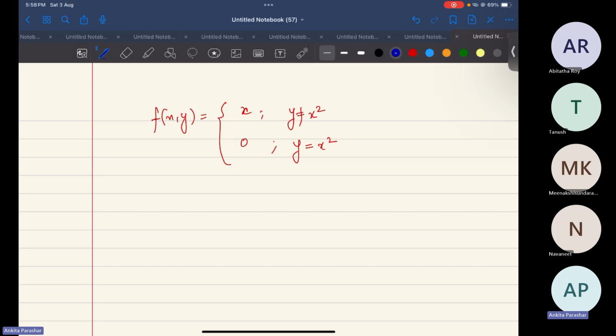So your function is given along one path. We are fixing one path, y equal to x square. What kind of path is this? Can you tell me what this is? Y equal to x square, is the curve known to you?